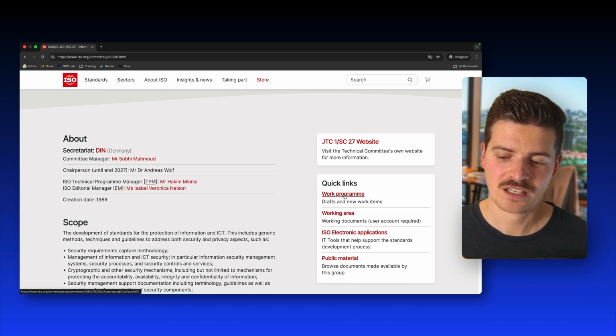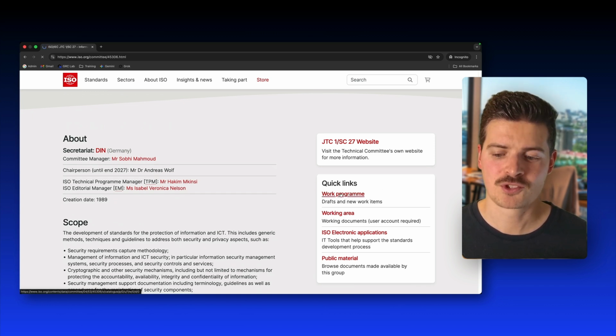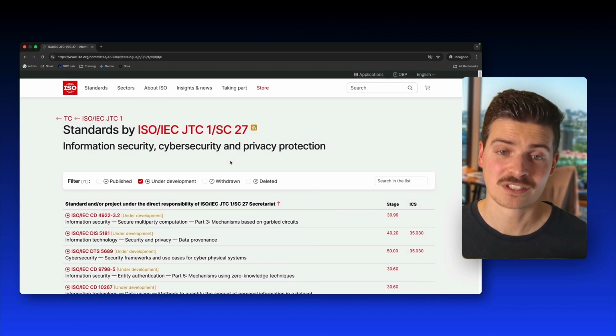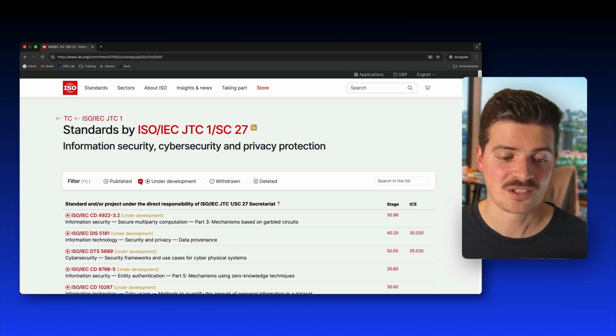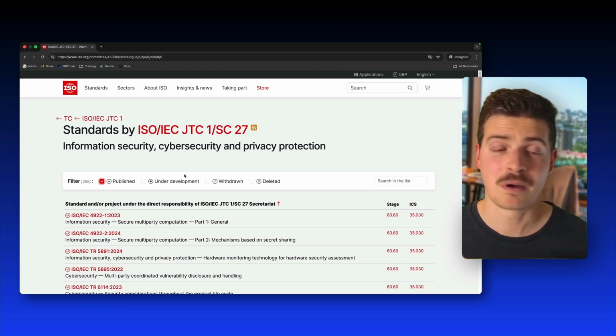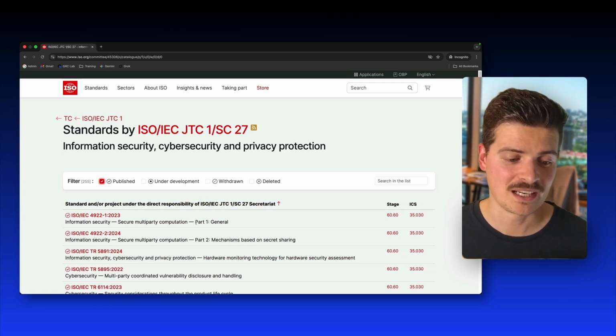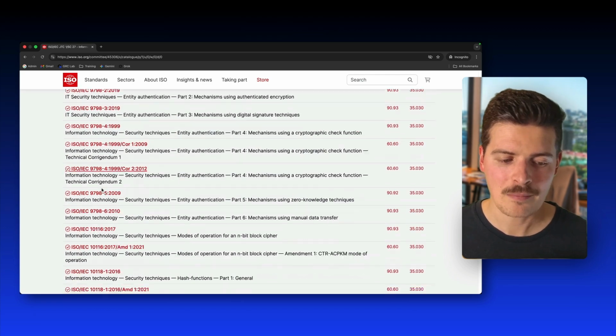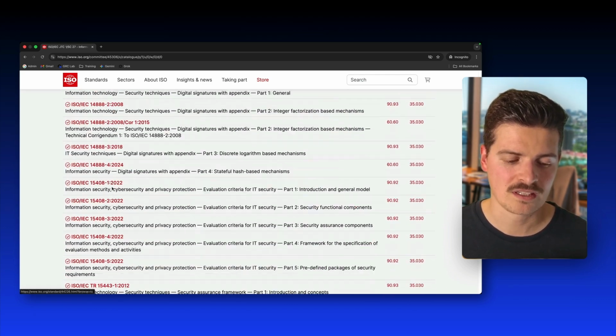And if you visit their work program, then you get the chance to check out the standards that they have been working on, that have already been released. And you can even find those that are still under development. So all you have to do is filter for the published ones or those that are still under development. And this is all the standards that they have prepared. And from the number, you can tell it's not 27001.